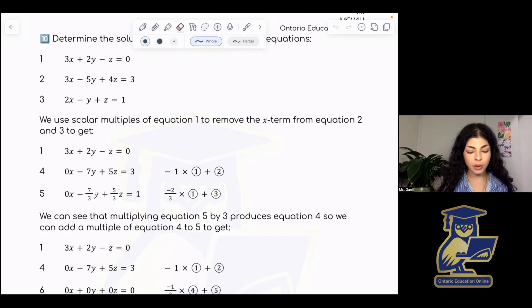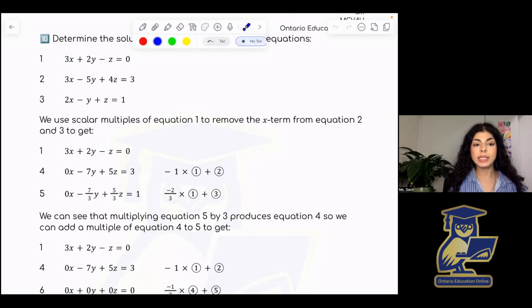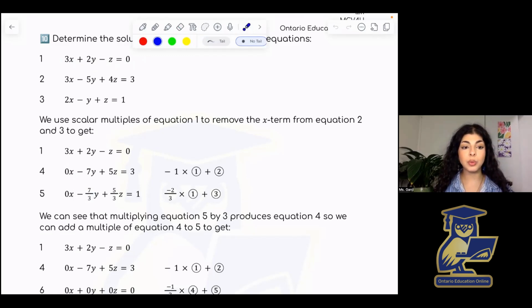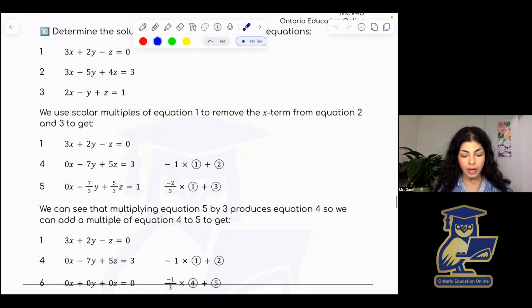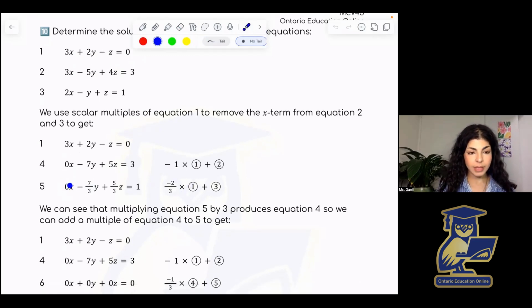And now here, our goal is to get the y to have a coefficient of 0 using equation 4. So to get rid of that x coefficient first, I multiply a third of equation 1 and times negative 2 and add that to equation 3. And here we have that 0x.